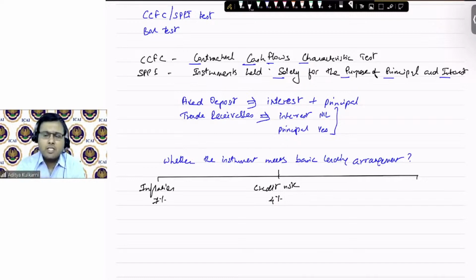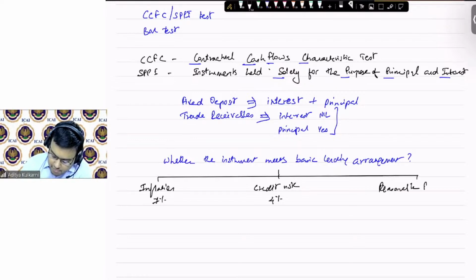So likewise, based on my credit score, we will assign a credit risk premium of 4% to you, which is fine. And finally, I'm not getting any profit from inflation or credit risk, but I have to expect a profit from you, and therefore we apply a reasonable profit margin.